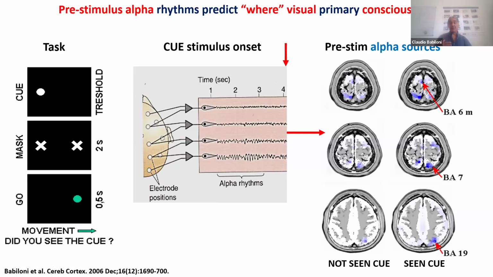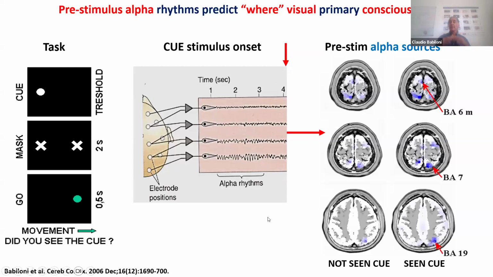And so after this response, we asked the participant, did you see if the cue stimulus was on the left or right? And he replied left or right. And so we could measure if the participant was able to detect consciously the side of the cue stimulus.